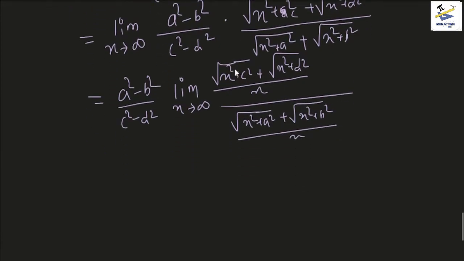Now this x can be absorbed inside the square root of each term as root over of x square. So once you put the x inside the square root, it becomes by x square, right?